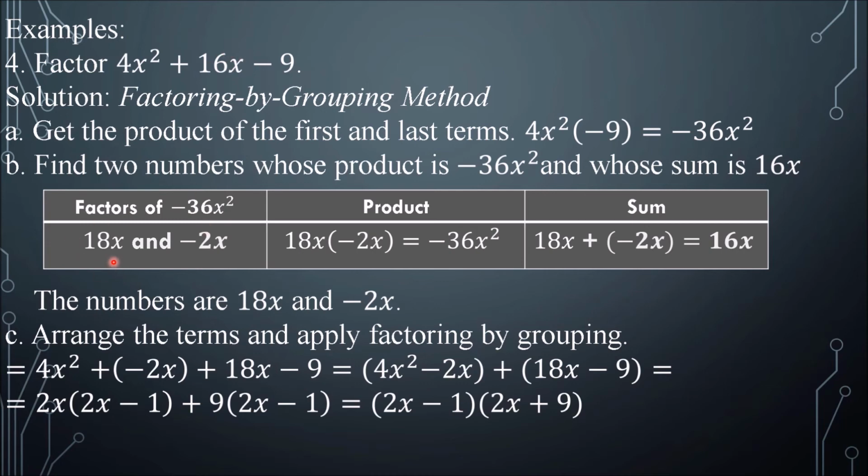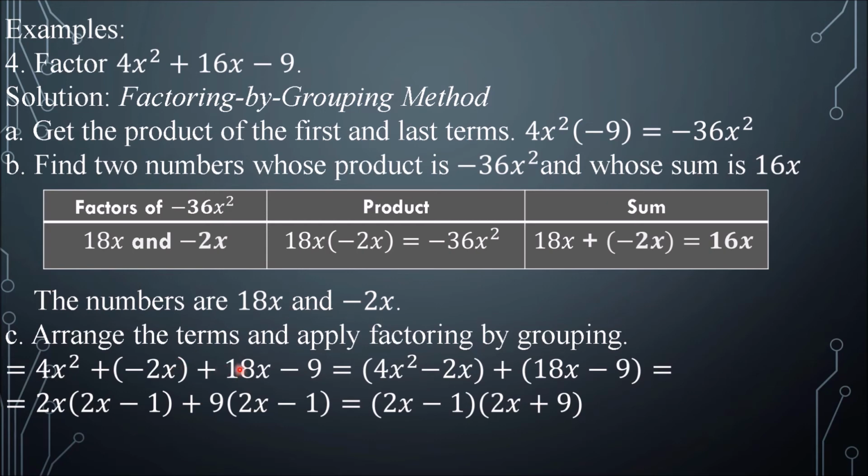In this case, we have 18x and negative 2x. So, 18x times negative 2x is negative 36x squared. 18x plus negative 2x is 16x. Therefore, those are the terms that we want.